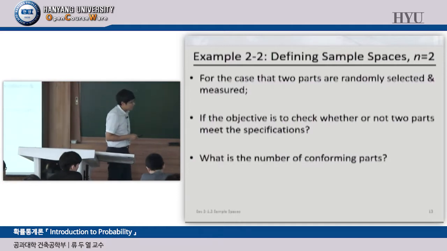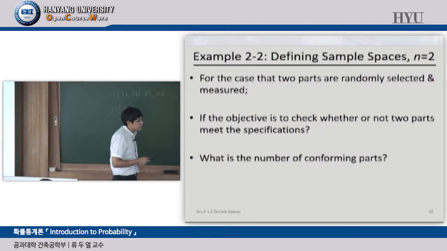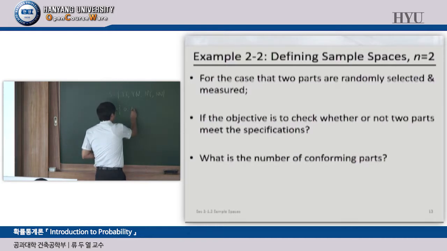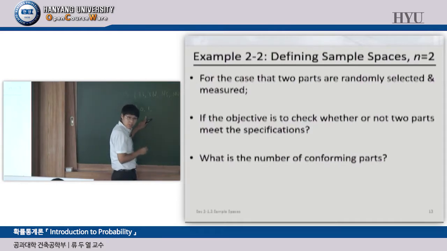And there is also the possibility that we can select one part which meets the specification. In this case, what is the number of the conforming part? That is 1. Only one part meets the specification. And also, there is the possibility that two parts all meet the specification.